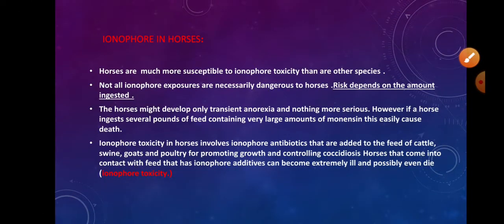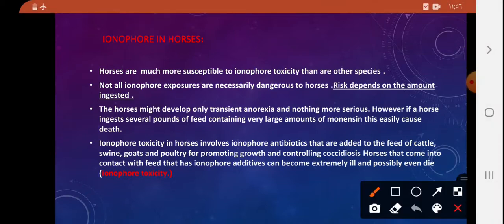Now I will talk about ionophores in horses. Horses are much more susceptible to ionophore toxicity than other species of animals. Not all ionophore exposures are necessarily dangerous in horses. The risk depends on the amount ingested.